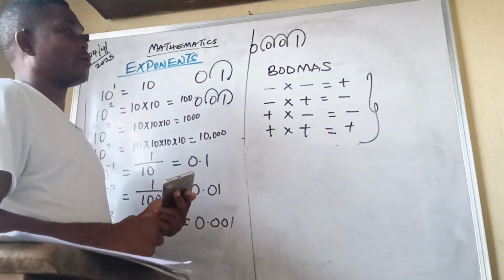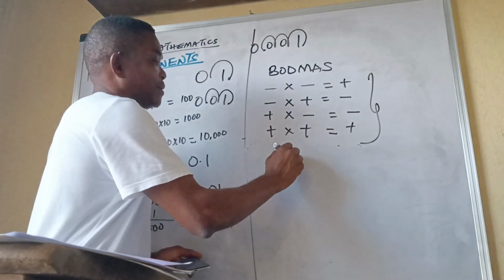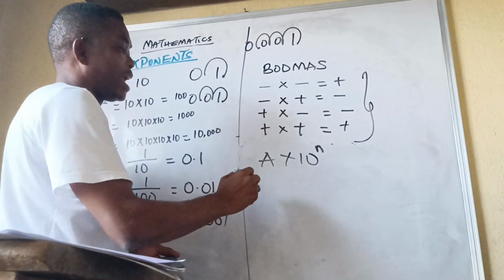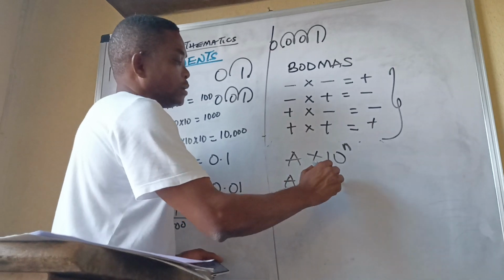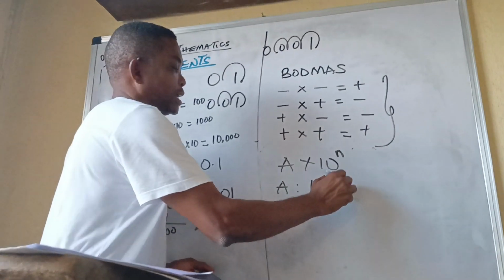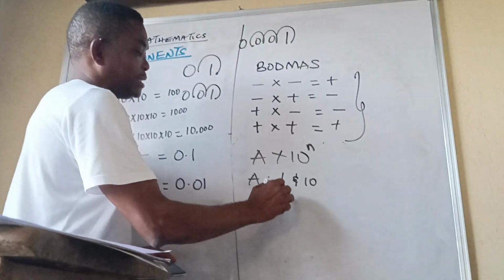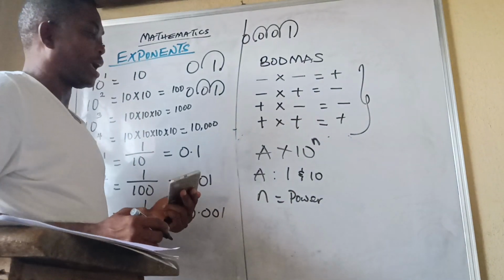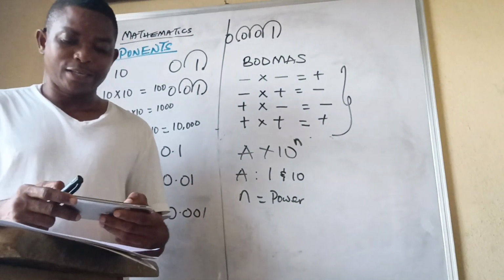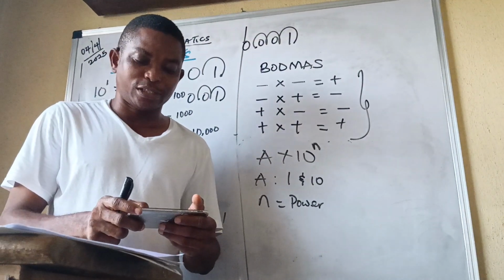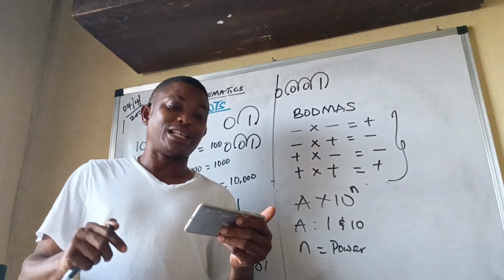When you're expressing a number in standard form, it means that you can say a times 10 raised to power n, where a falls between 1 and 10. Then n is the power. That's what the statement is saying. Is that taken? So, scientific notation is a method that uses power of 10 to write very small and very large numbers.